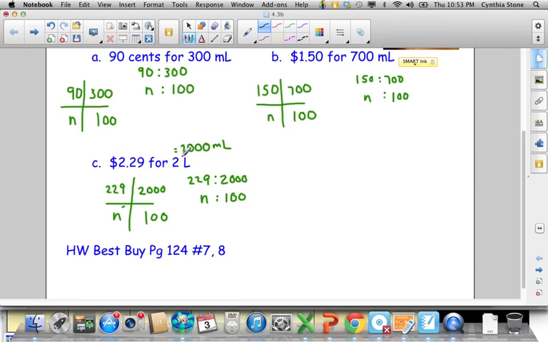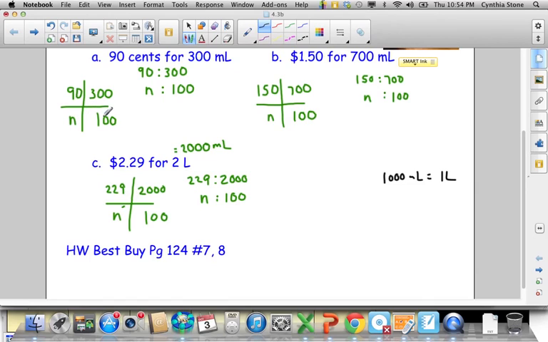And 2 liters is the same as 2,000 milliliters, because 1,000 milliliters equals 1 liter. If you didn't know that before, you know it now. So you make your T chart, and we're going to do our conversion to find out what N is.